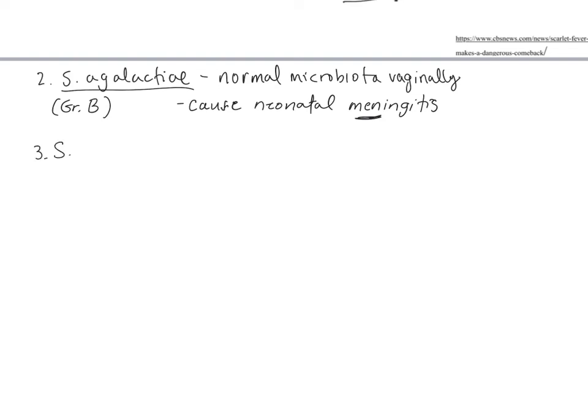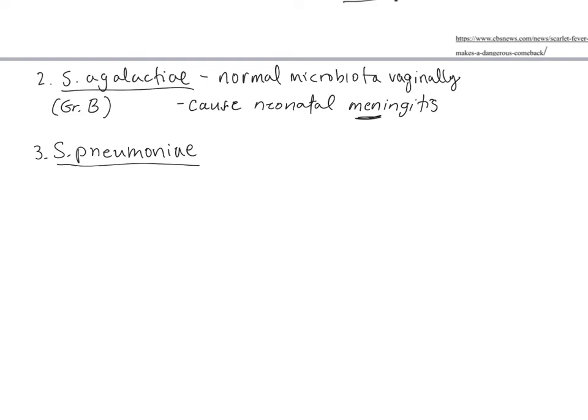Okay, let's see, Strep pneumoniae. This is an organism that used to be referred to as pneumococcus. We're constantly changing names and shifting our classification and taxonomy around a little bit, but now it's called Streptococcus pneumoniae.